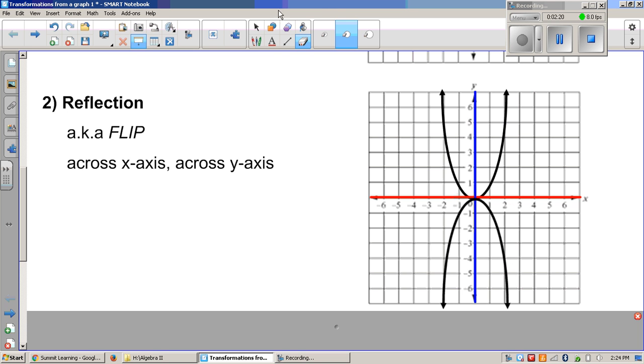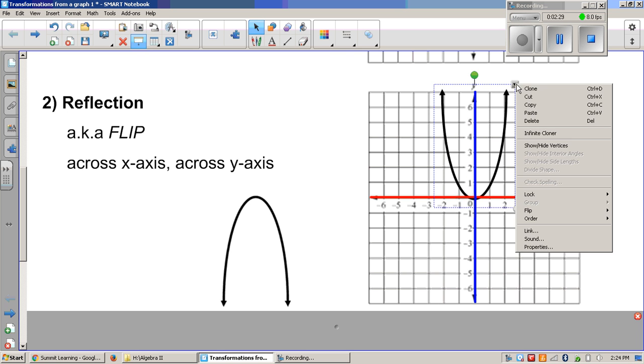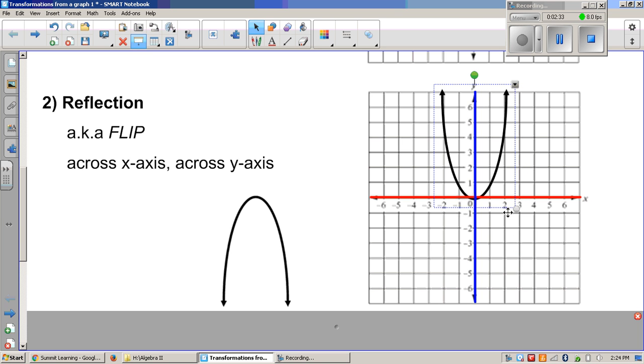Now, a reflection across the y-axis, with this particular graph, that really doesn't do anything, because if I were to flip left, right, I get the exact same picture. It didn't change at all. That's because this particular graph is already symmetrical.